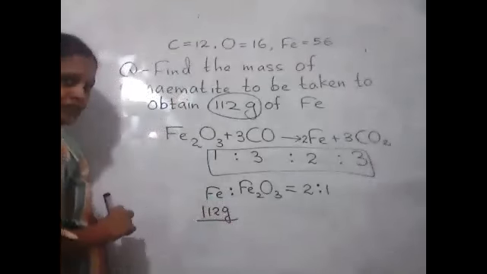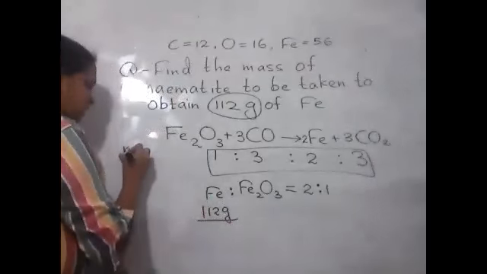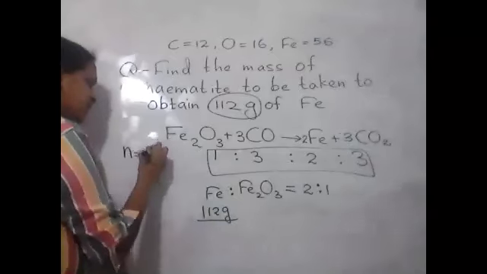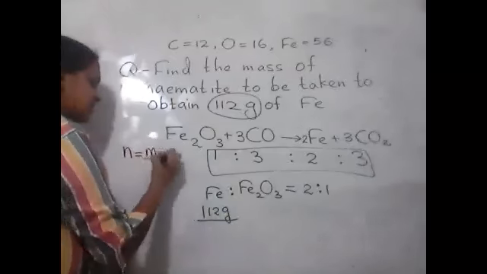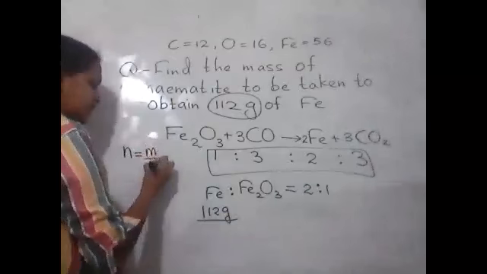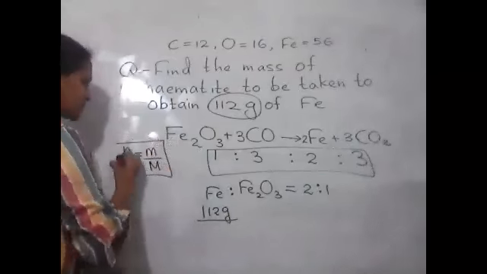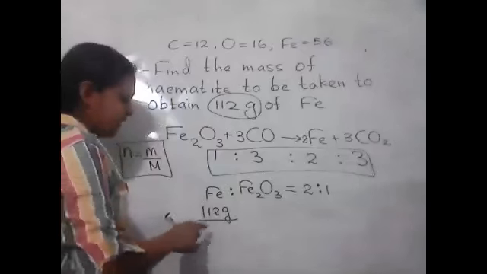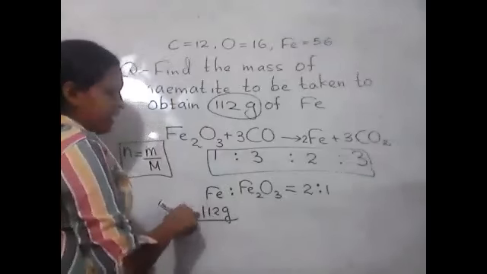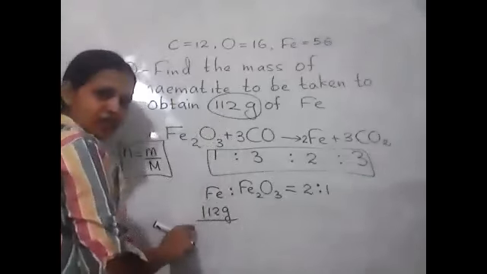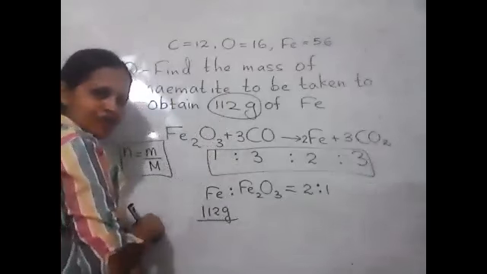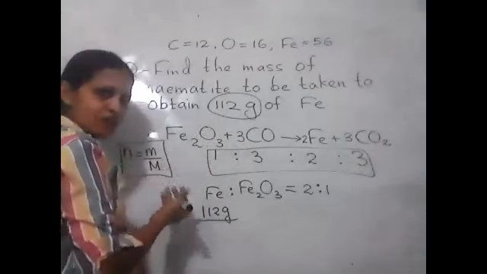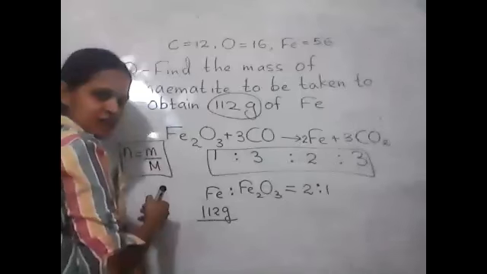When you know the mass, you have learned this equation. Number of moles equals mass divided by the molar mass. So a number of units are combined here. The mass of iron is given as 112. How to find the molar mass? That is the mass of 1 mole of a substance.